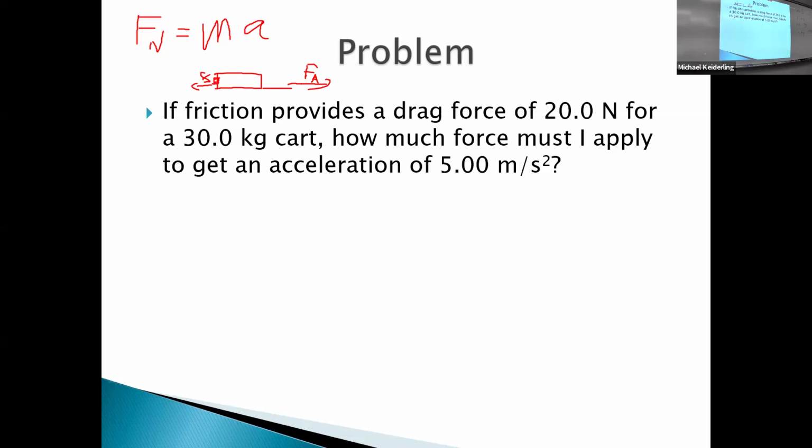It's going to oppose the motion of the cart. So the force applied is being opposed by the force of friction, and those combined give you the total force, which gives you the acceleration.